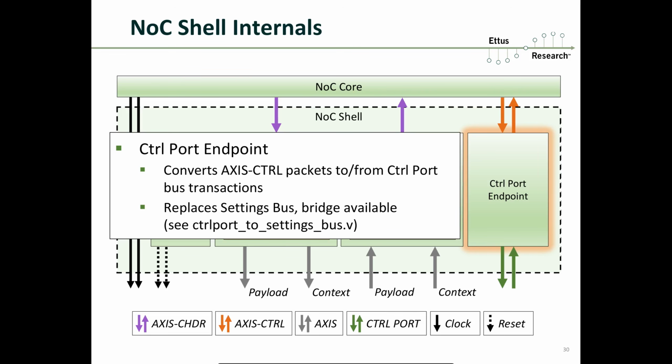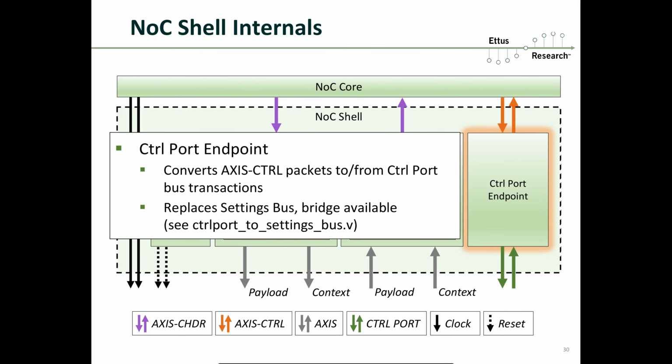Now those that have used RFNoC 3, you may be thinking, okay, well, they used to be called the settings bus. What happened to the settings bus? That's been deprecated to this control port bus that looks in a lot of ways fairly similar to the settings bus, actually, with a bit more of a clearer definition as to how it really works.